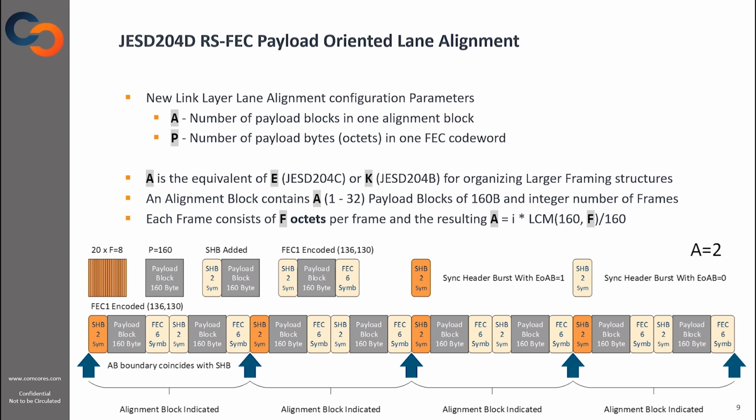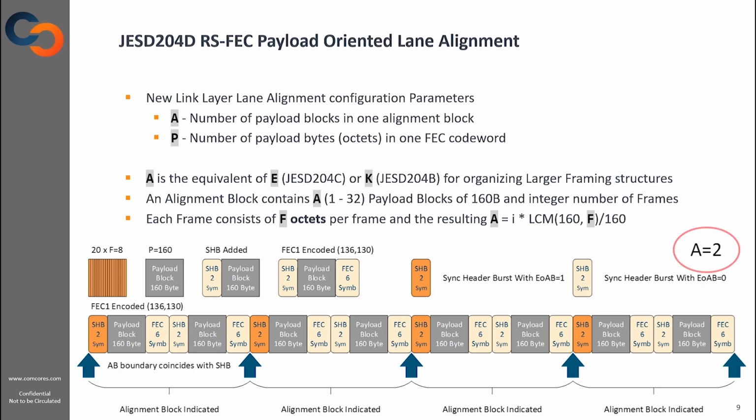So this is our major framing structure, the alignment block. And A will take a value from 1 to 32, and the resulting alignment block must hold an integer number of frames. Since we'll be aligning on an alignment block boundary, it must be ensured that each alignment block starts with a whole frame. That way we always start deframing correctly.